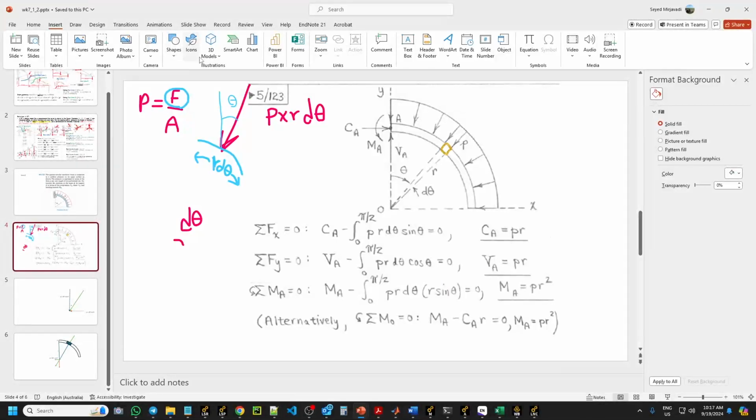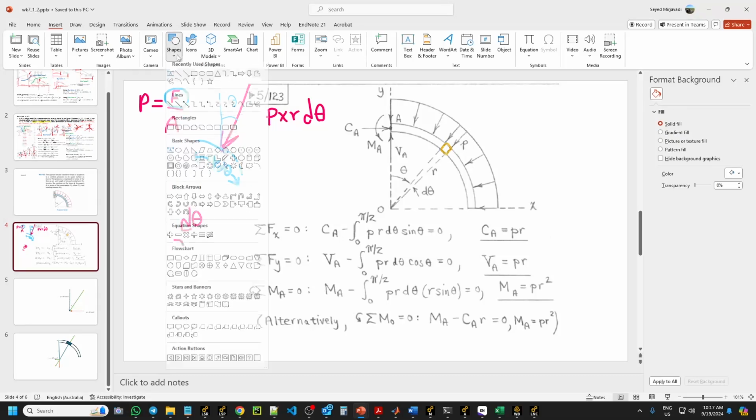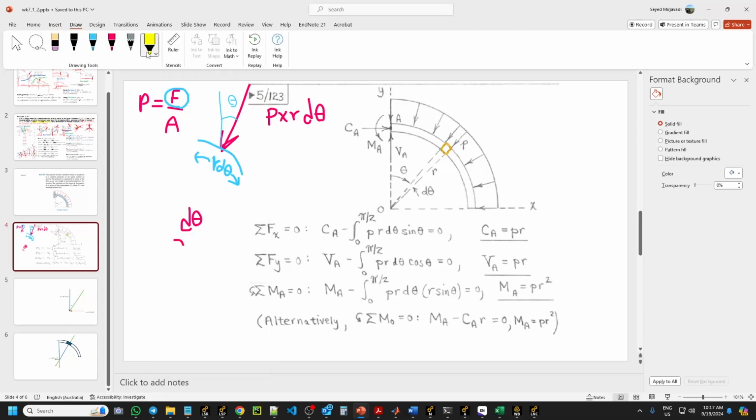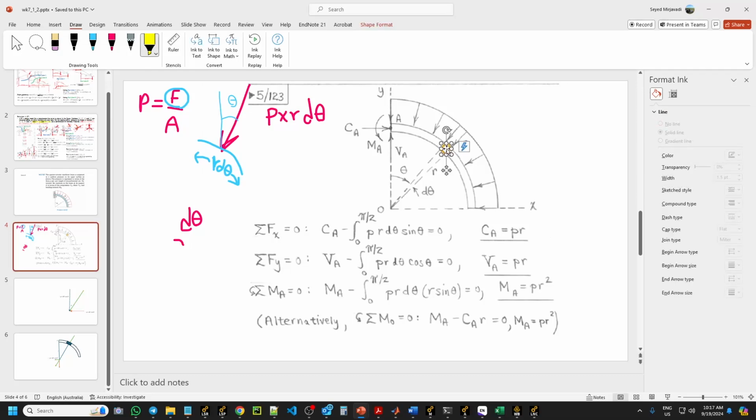First, you need to find an element that the pressure is applied to. Any arbitrary element. I will choose these elements, and I will make it bigger here for you.